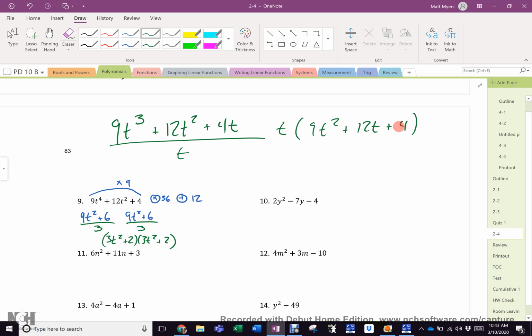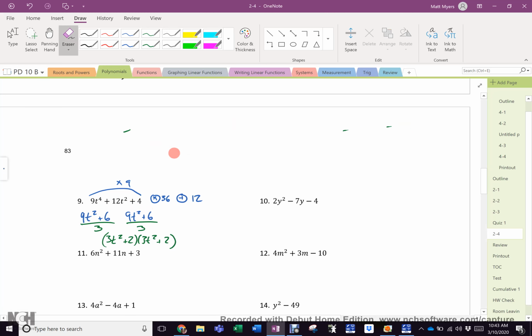Excellent question. If you were doing the no-name method here, which we just did, but it wasn't 9, 12, and 4, it was 18 plus 24 plus 8. What are you going to do first? GCF. Now, in this case, you have to keep the GCF.